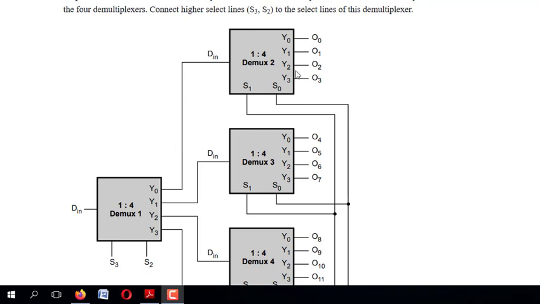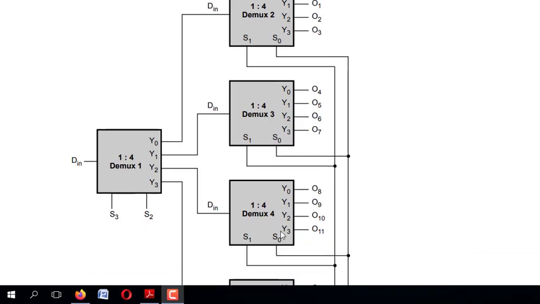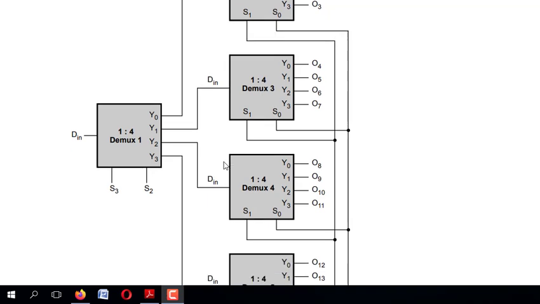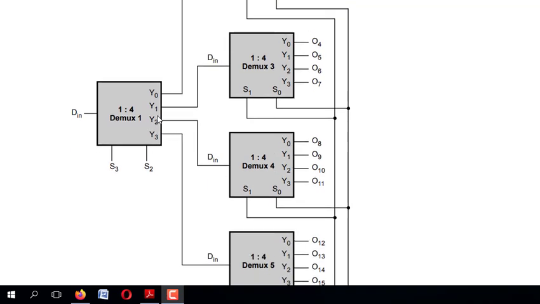Again, in order to get the output in any of these O0, O1, O2, O3, I have to select the selection lines S1 and S0. Similarly, the rest of the operation will continue in this pattern. If I am getting output in Y2, then this will be the input for demux 4. Again, I can get outputs in any of these O8 to O11.